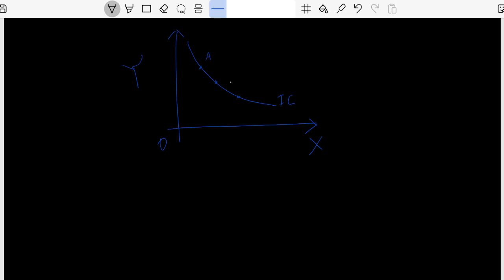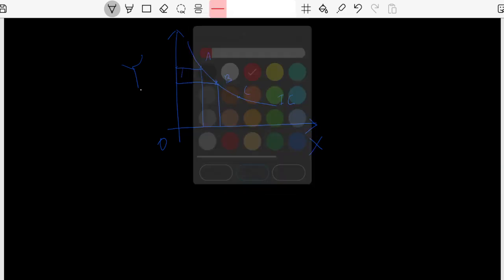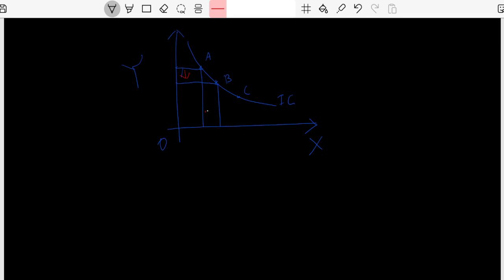So if there are 3 points a, b, c, and you want to move from a to b, that means you are giving up some y for some x. The rate at which the consumer is exchanging y for x is del y by del x. So this is MRS xy.